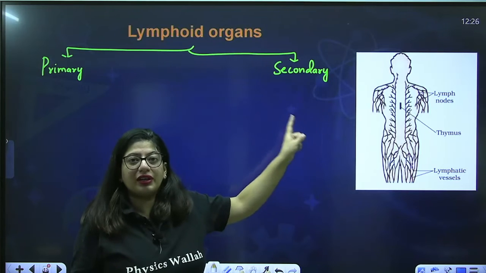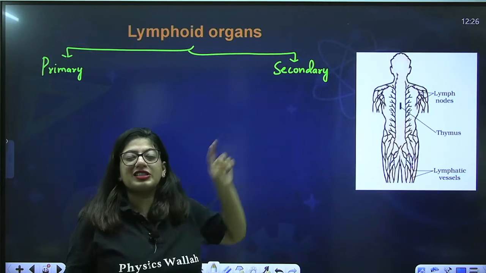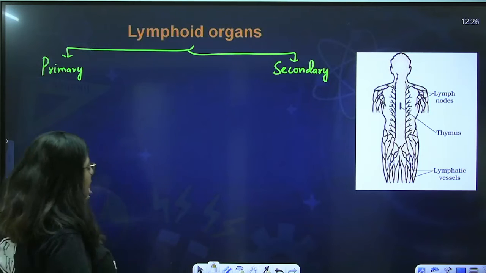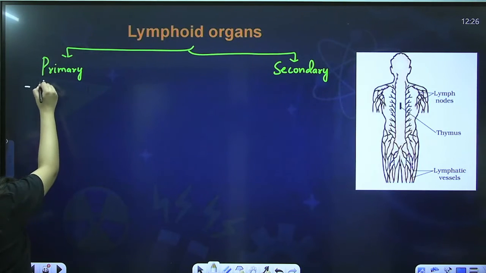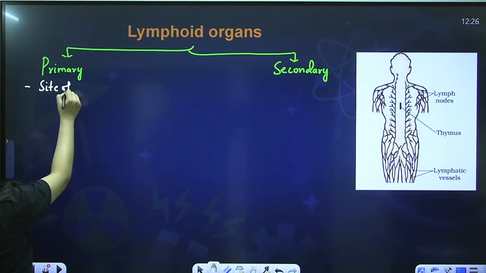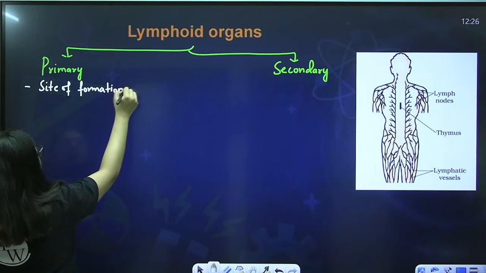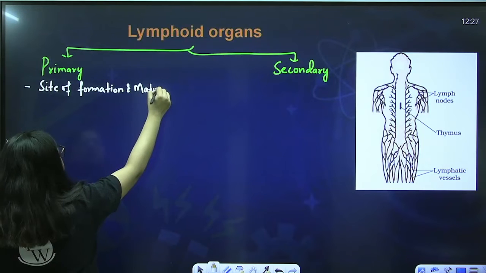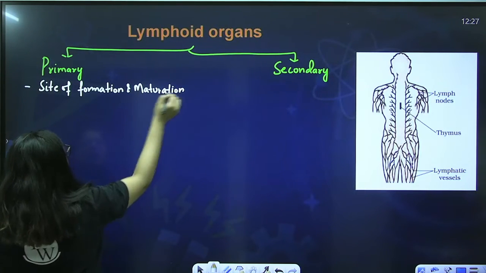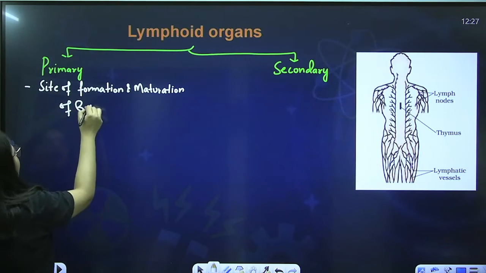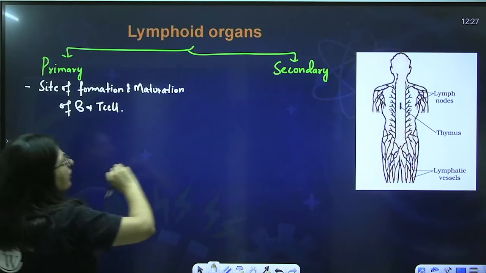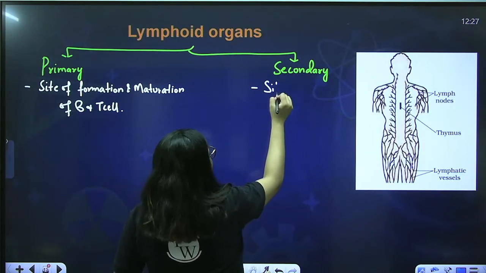You work in a hospital. So hospital is a secondary lymphoid organ. So the primary lymphoid organ is a site of formation and maturation of B and T cells, and the secondary ones are the site of action where they will function.